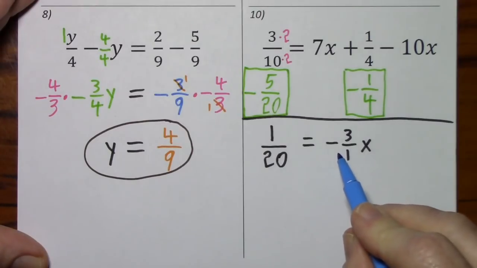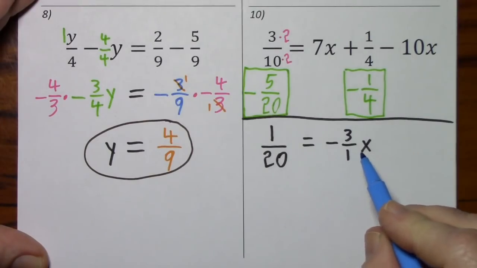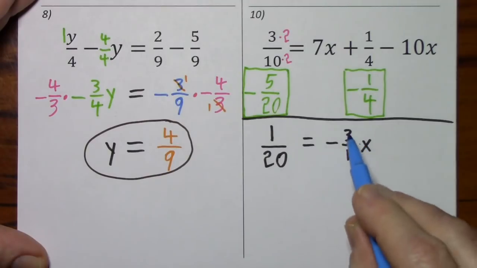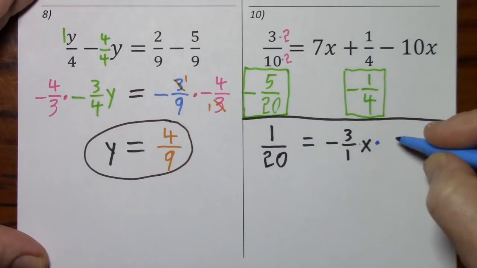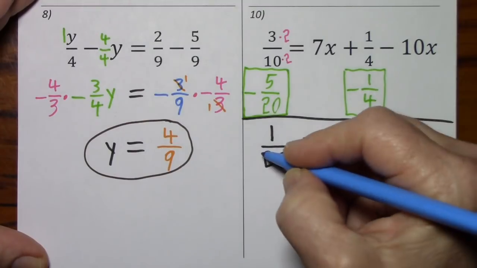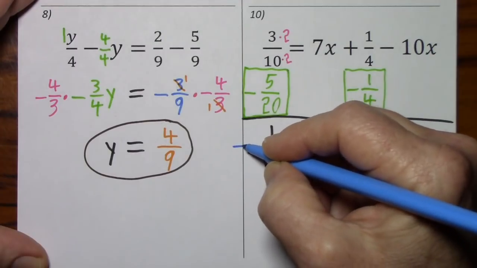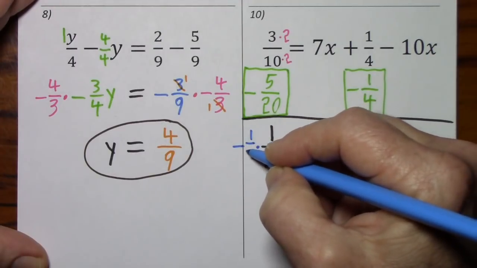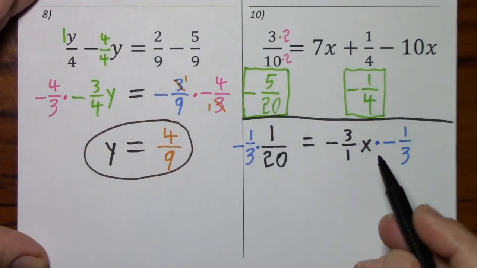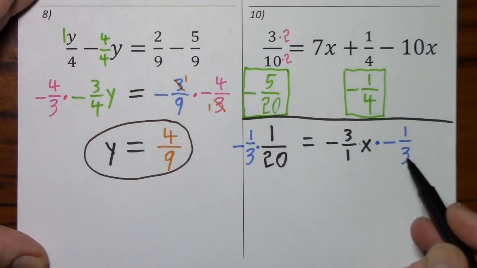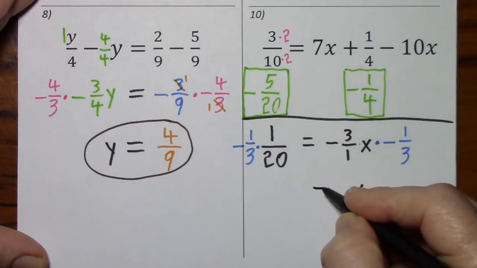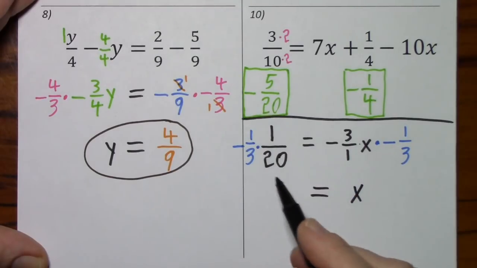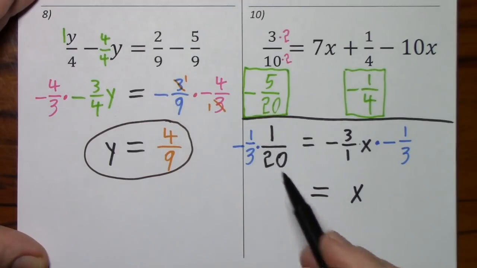We want to get rid of the negative 3 over 1, so it's held by multiplication, so we will divide, which means we'll flip it and multiply. Negative 1/3. So times negative 1/3. Over here, negative times negative is positive. The 3's cancel. You're left with x. Nothing will cancel here, so it's negative 1/60.